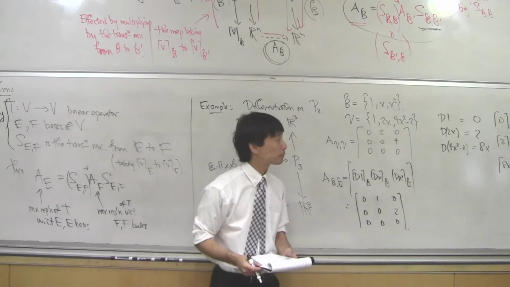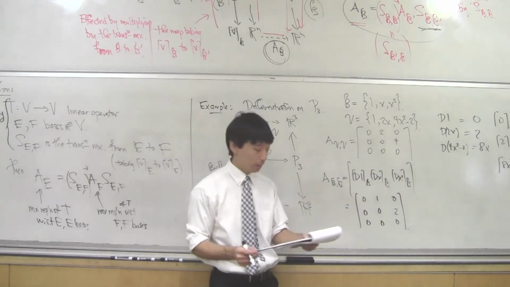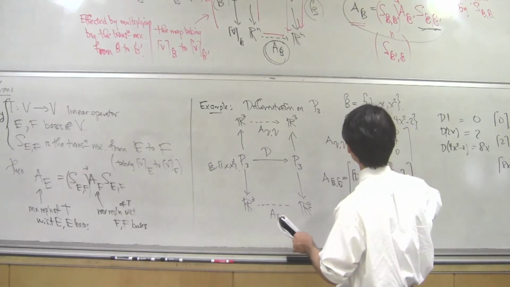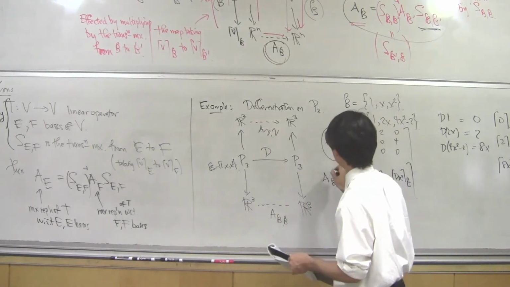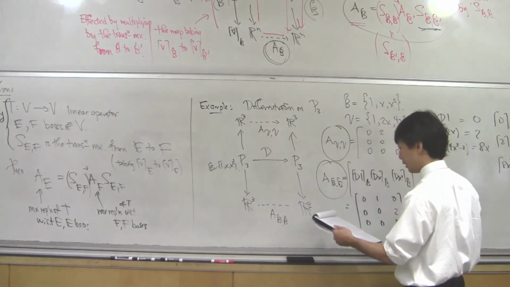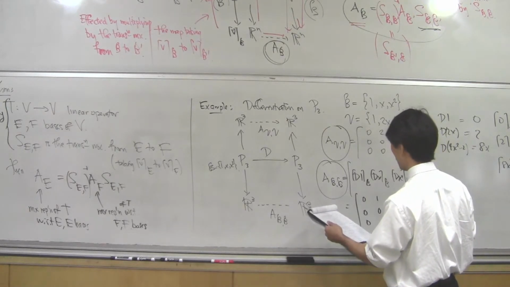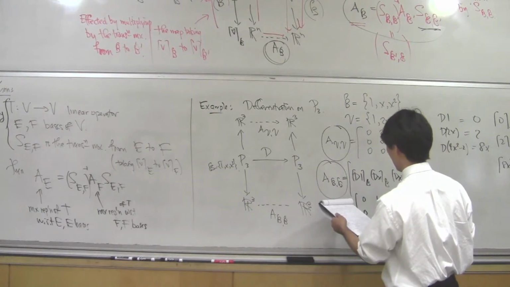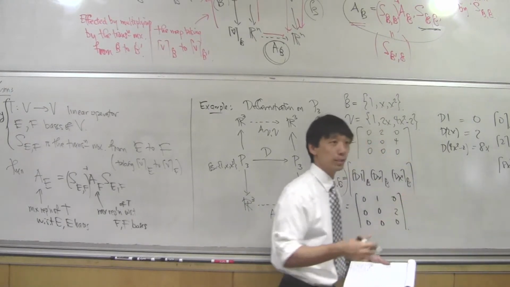Right. Okay. And so what we've been saying here is that these guys are related to each other, right? That we can get one from the other using a transition matrix.